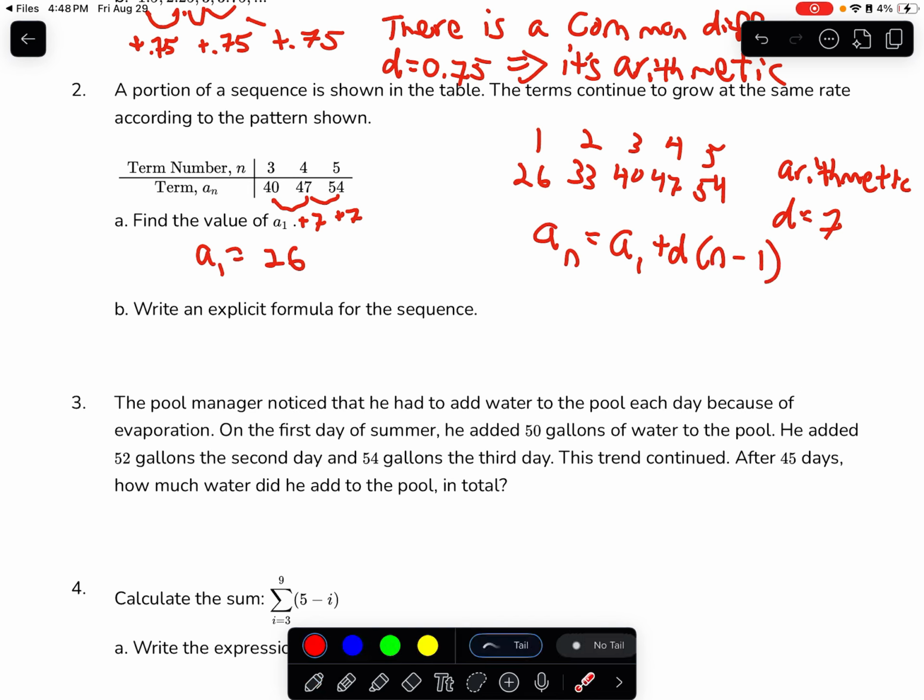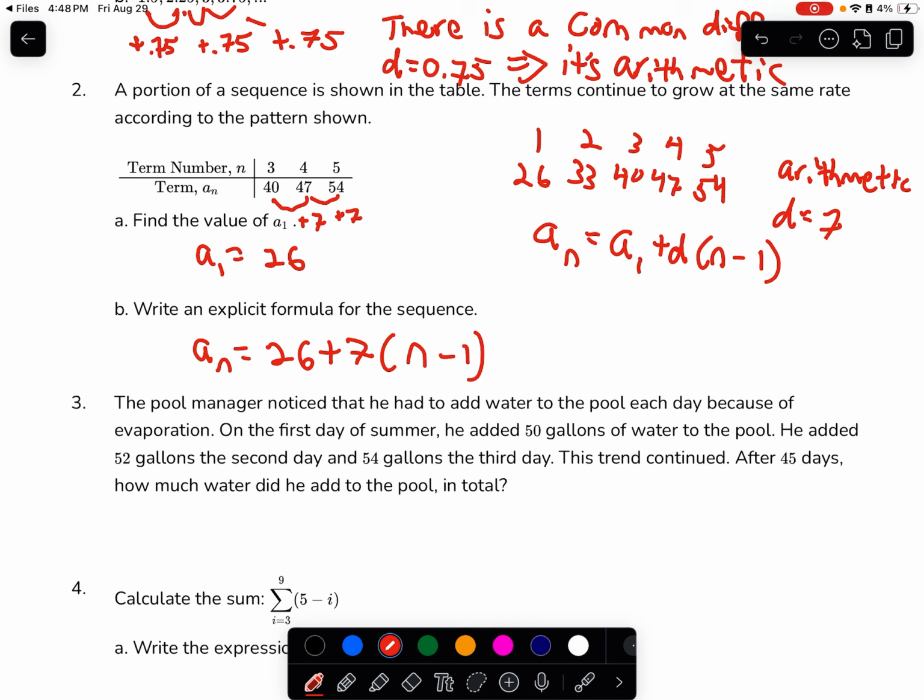Notice, again, I got to reemphasize this, that 1, since we're using the first term, has to be a 1. All right? So A sub 1 is 26, so you can write your answer as A sub n equals 26 plus our d of 7, parentheses, n minus 1.